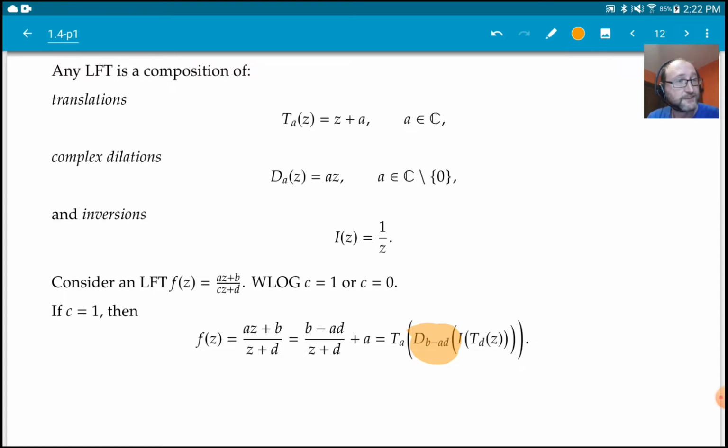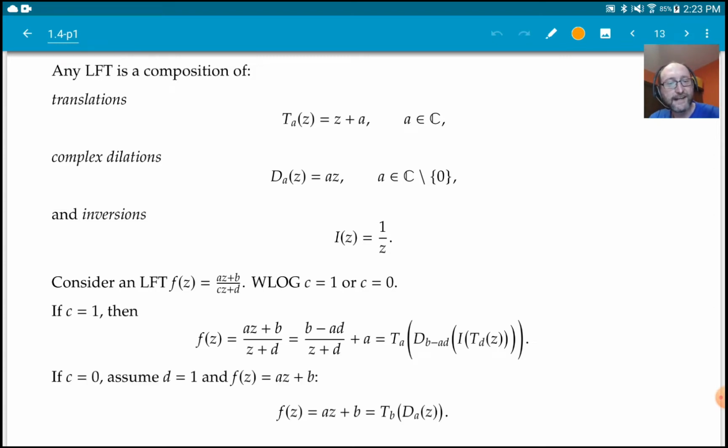This is precisely that condition, the thing that's not supposed to be 0. So that makes the numerator that constant. Now I have this expression over here, and then I just translate it by A to add the A. So maybe a little complicated, but not too bad.